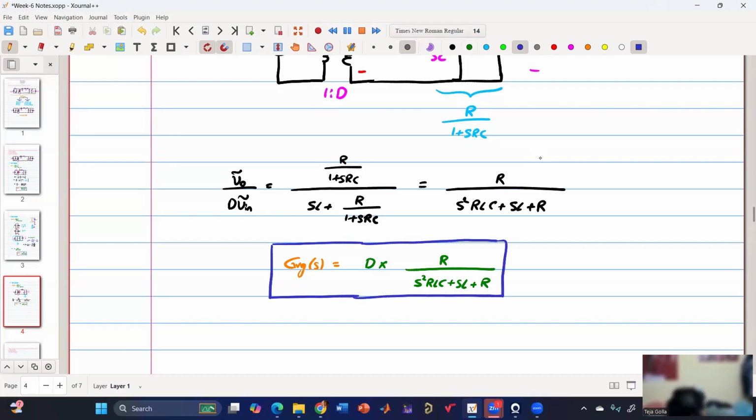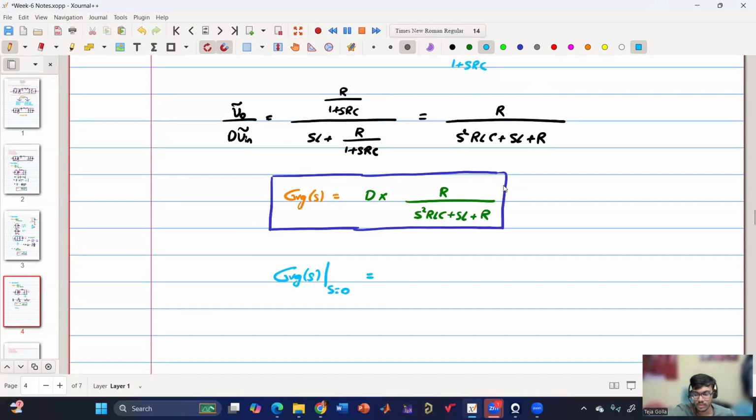Now I have a question. Say I want to calculate GVG of S at zero frequency, say S equal to zero. So what is the result that we'll be getting?